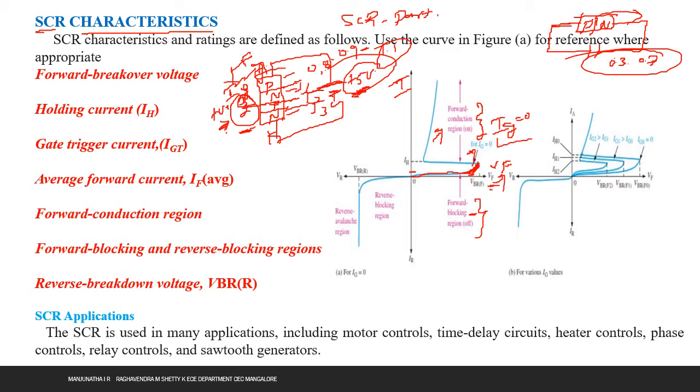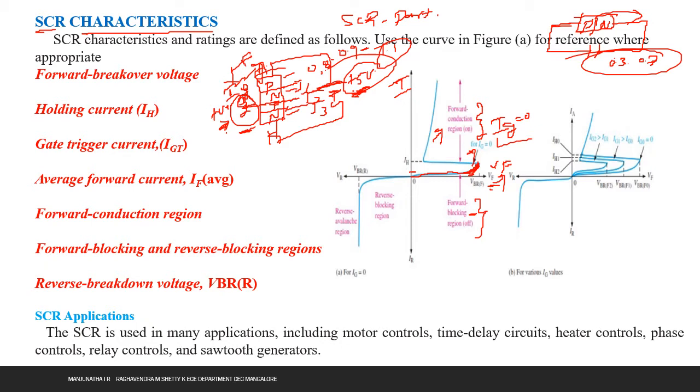So even for a small value of forward voltage Vf, we are able to see the SCR in the conducting mode. Until we break those three layers, we need more voltage, for example 0.9 voltage.